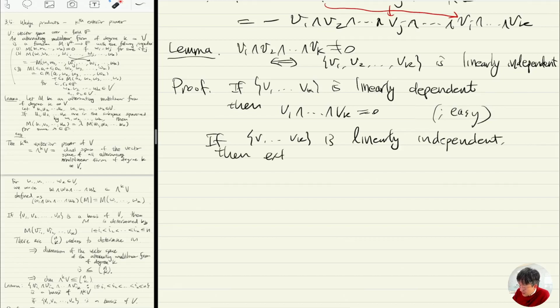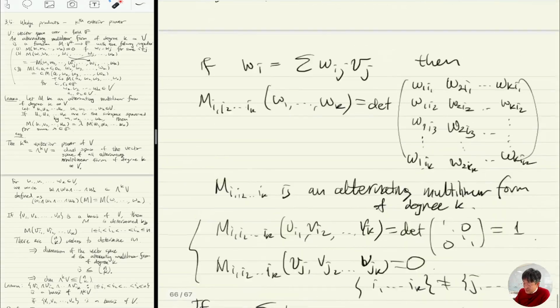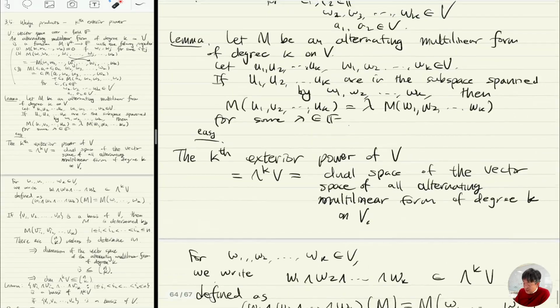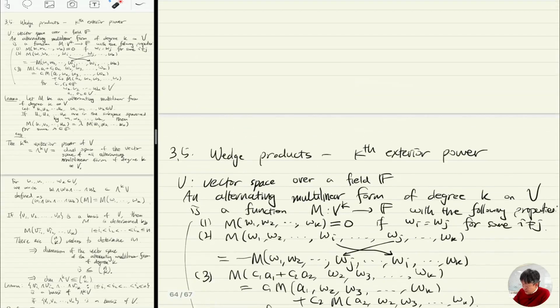Then extend it to a basis, right? v1 up to vk, and then vk plus 1 up to vn. I'm assuming that V is a finite dimensional vector space. Maybe I should have said finite dimensional.